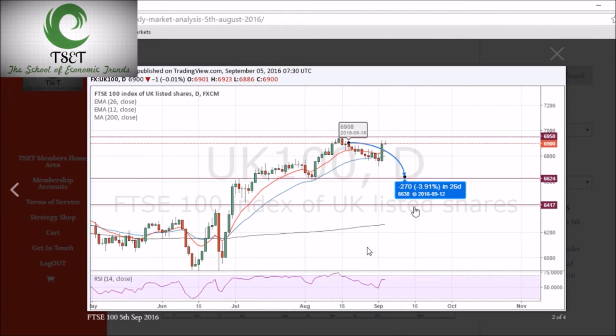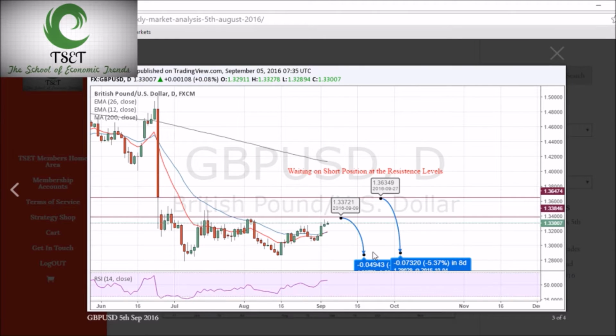We have never placed a trade on FTSE, but if the FTSE turns around that level, that would be a confirmation that this resistance level, that price barrier at 6950, is a really strong one. That would prove it.